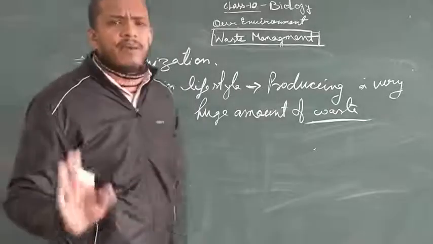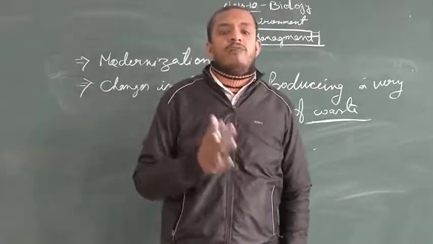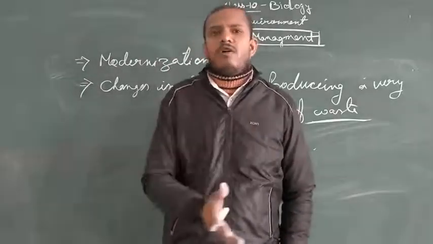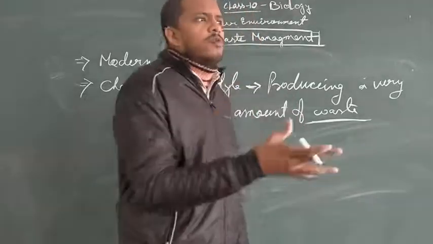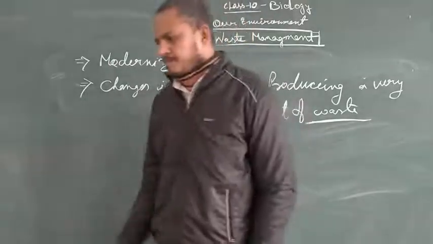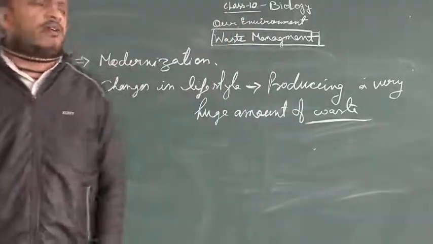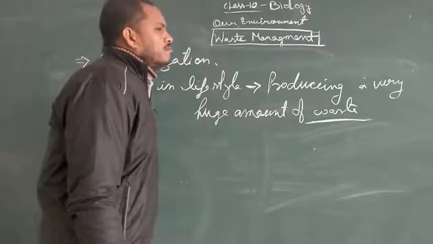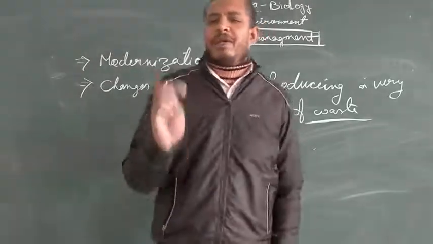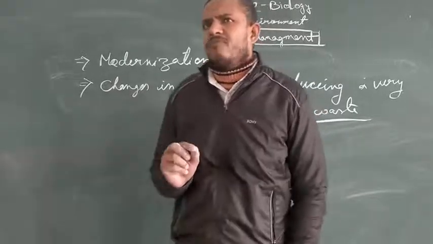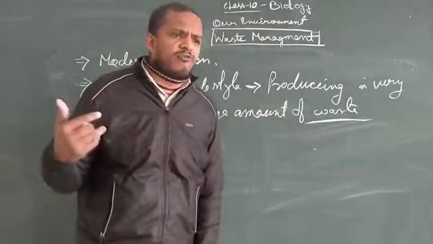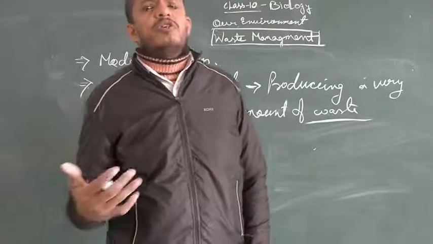Simple example, the packing. Food stuff nowadays is getting packed in such a form that after consuming, the packing things need to be thrown out everywhere. That's the first thing. Second, in the waste also, plastic is a major problem, though it is very beneficial for us, in the sense that it is very easy to carry and use.